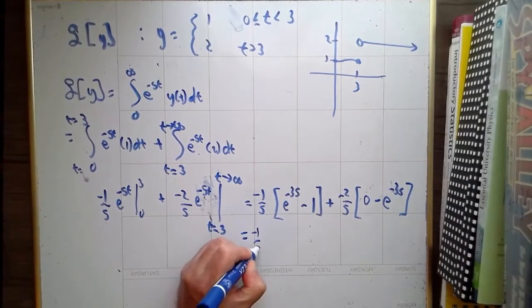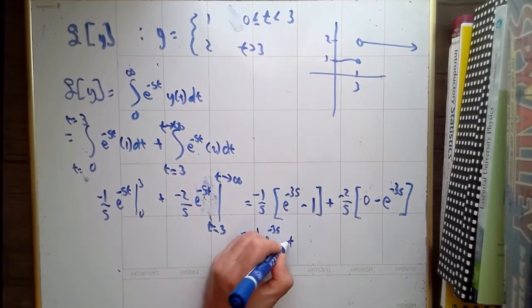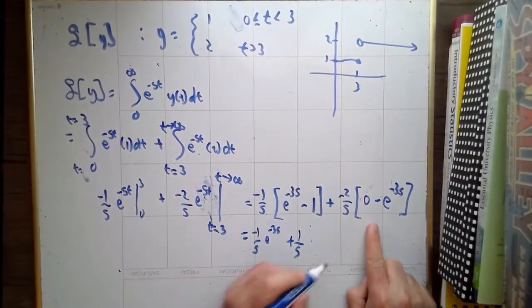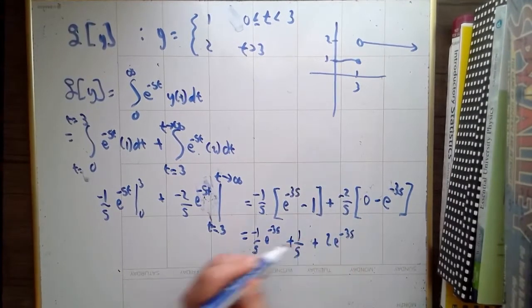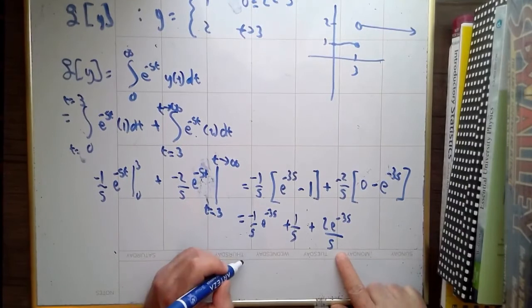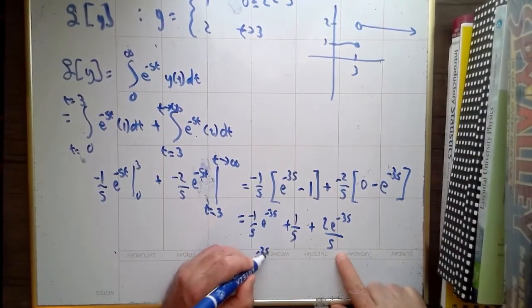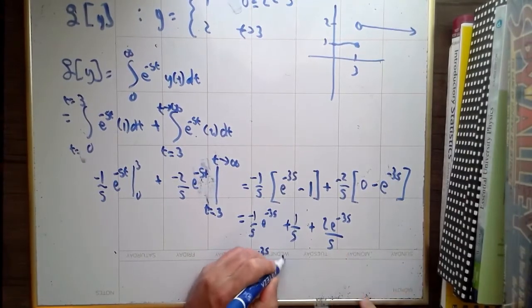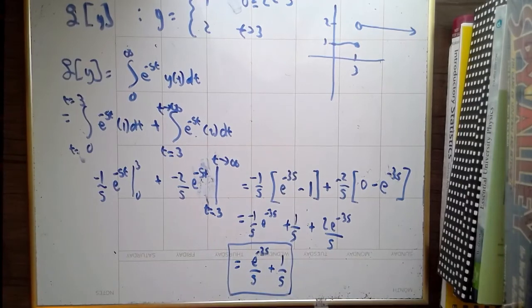Negative 1 over s e to the negative 3s plus 1 over s plus 2e to the negative 3s over s. So those two will combine together. Those are like terms. So I think we just get e to the negative 3s over s plus 1 over s. And there's our final answer.